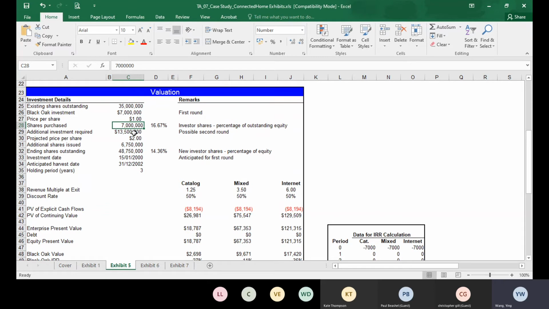Consider the further investment. They have the second round at $2, and the additional investment required is 13,500,000. After considering the second round, the ending shareholding for the venture capital is 14.36%.